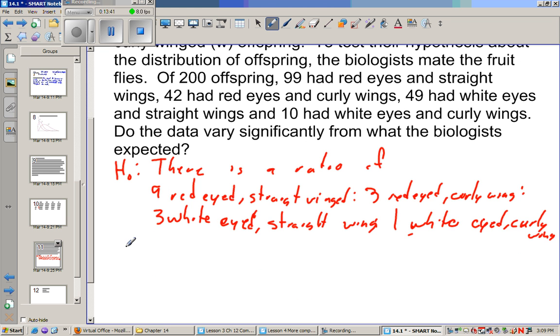All right, the alternative hypothesis is that at least one of these is not true.